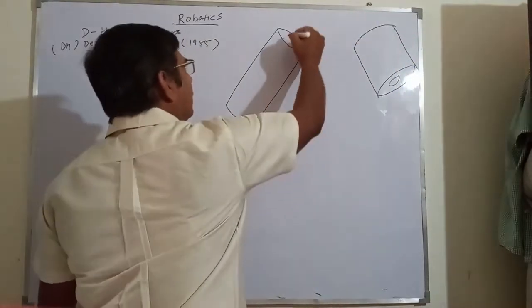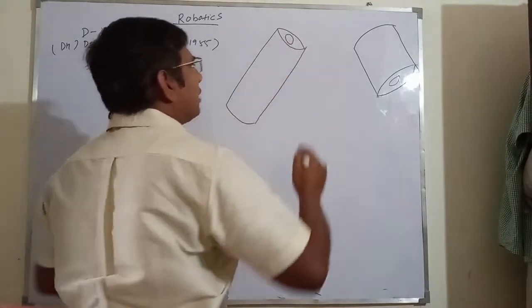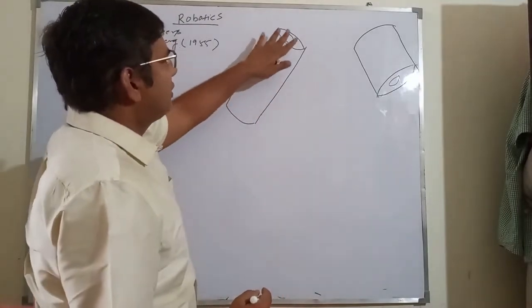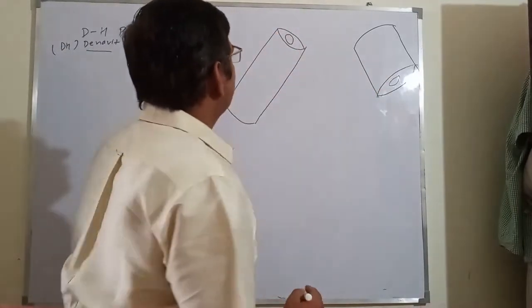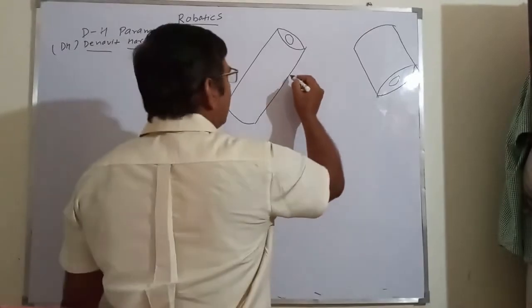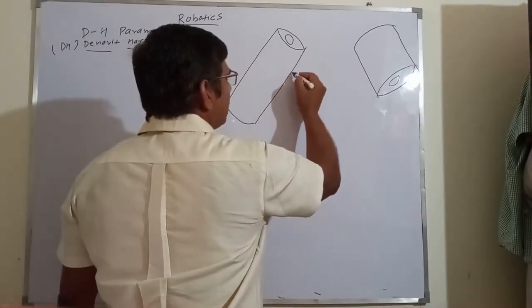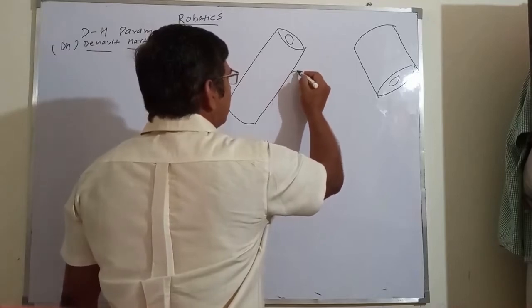Suppose these are the rotational axes, and these are the joints, connecting the manipulator. This is a link.